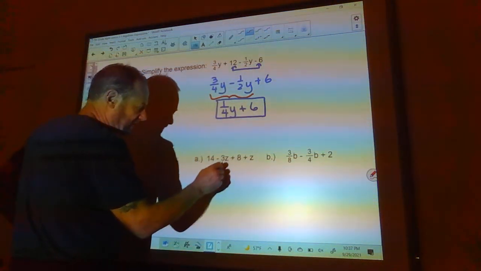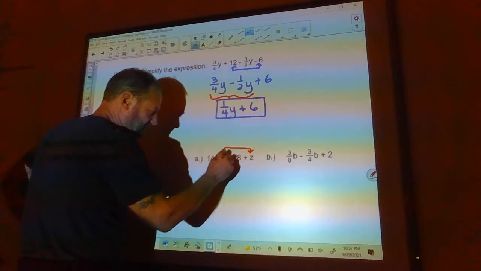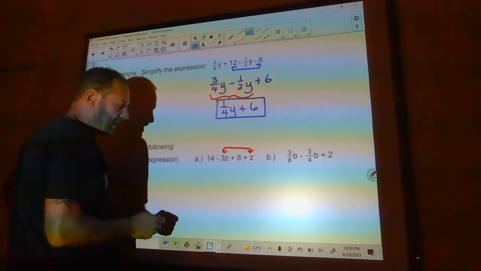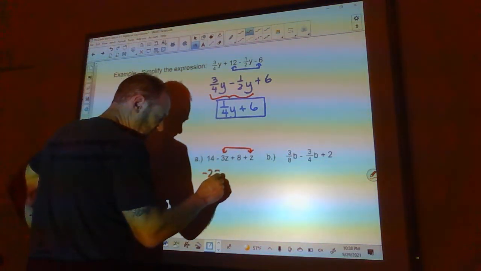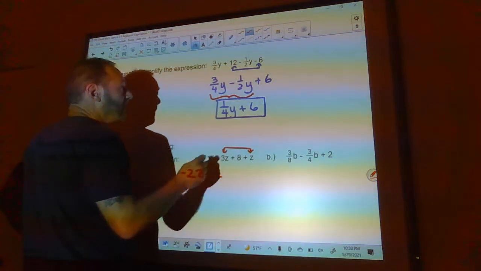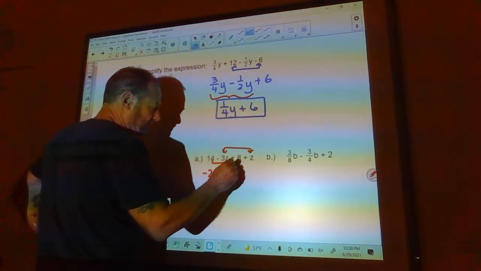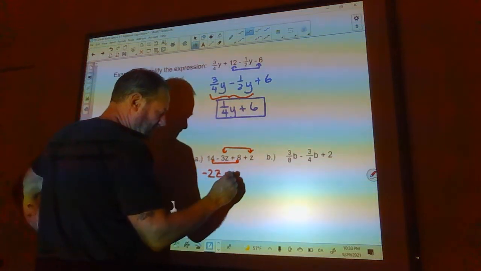Okay, so this one here, we've got like terms here with the z's, so negative 3z and z makes negative 2z. And then we've also got like terms here, 14 plus 8 is 22.